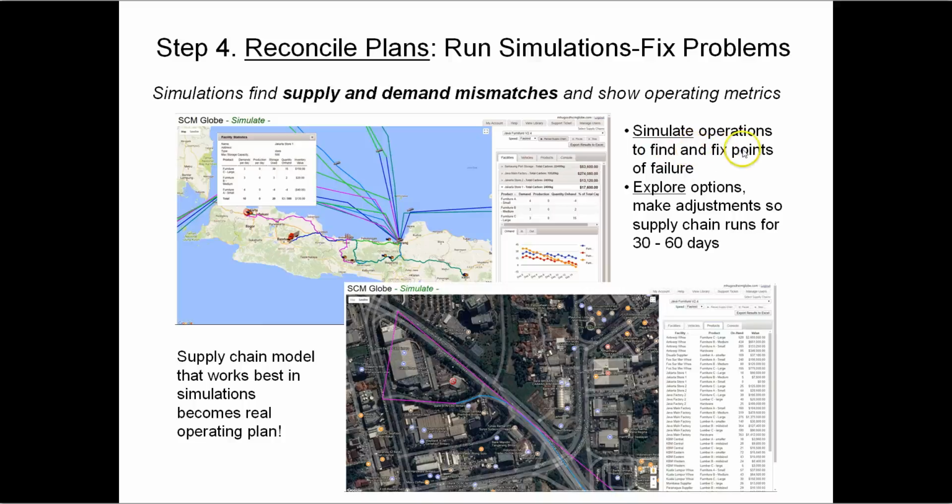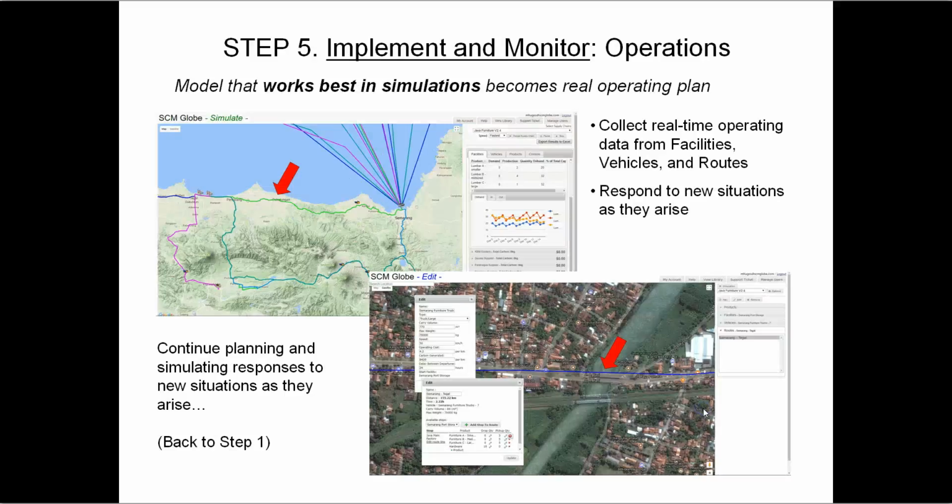The model will find where there are problems. Typically you want the supply plan to meet demand. You don't want to adjust demand to meet supply, although most businesses would rather take that approach. But nonetheless, what works best in the simulation will also work best in the real world. And then when you put it into place, imagine being able to track what is going on moment to moment.